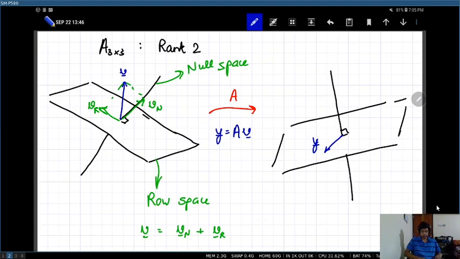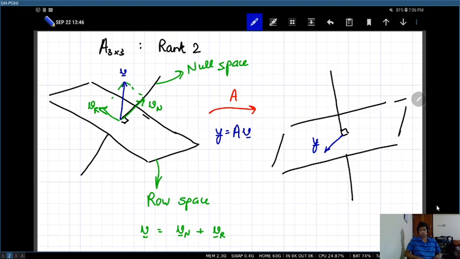So in this example, we can always write any vector in R3 as Vn plus Vr, where Vn is the component of V along the null space, and Vr is in some sense a component of V along the row space. Right? Now let's see what happens if I multiply V by the matrix A. So if you take y equal to A times V, then since A is of rank 2, y will lie on a plane, right?